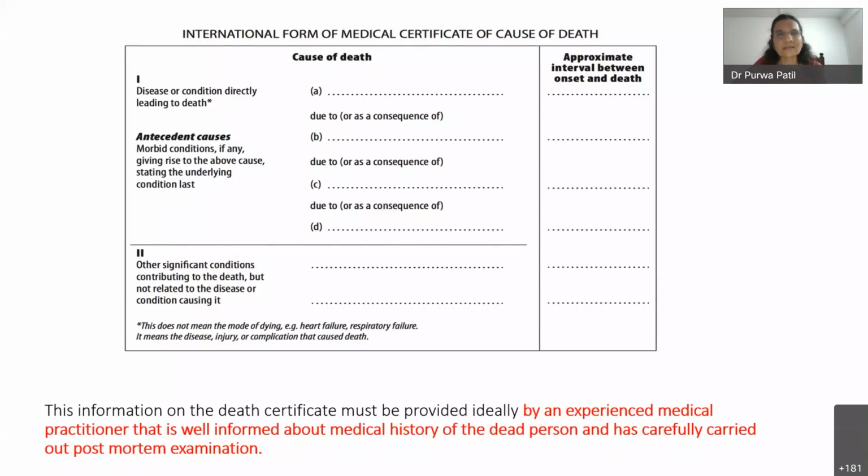How can we arrive at that? It is just by going through the notes and correlating them with what gross findings we are seeing, and histologically confirming our findings. So it should never be just the morphological diagnosis or the anatomical diagnosis, but it should always be correlated with the clinical notes. Only then can we write this death certificate.